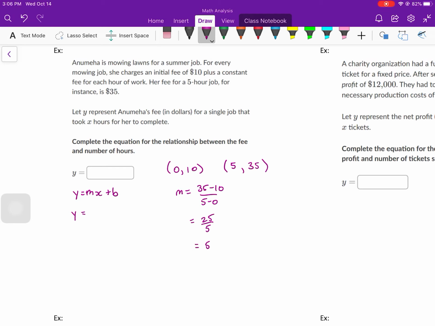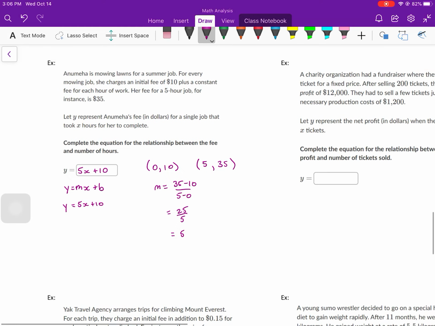So our slope is 5, and then we actually know our y-intercept is 10, so it's going to be 5x plus 10. And that's it. So it's just finding that information. We had 2 points, and we got lucky that one of the points was the y-intercept, so we just put that right in for b.